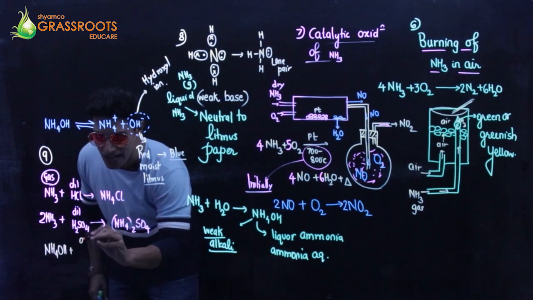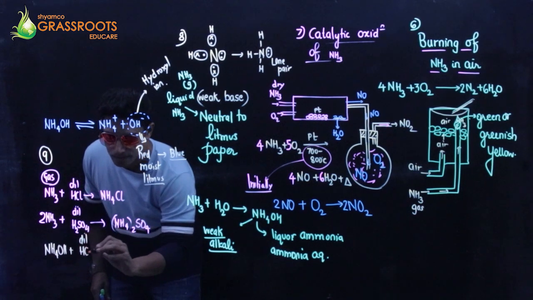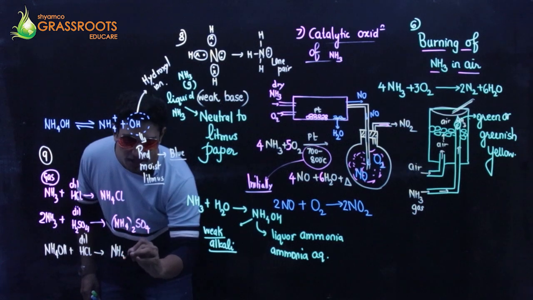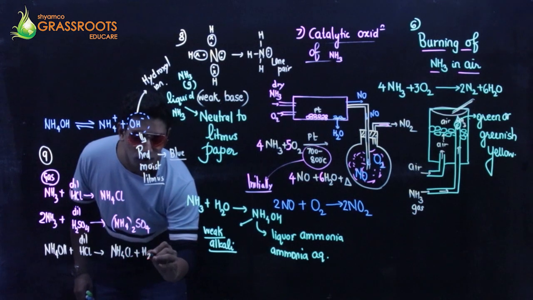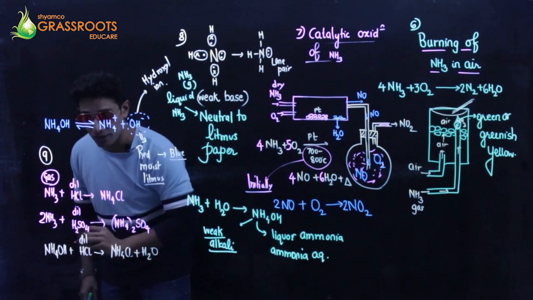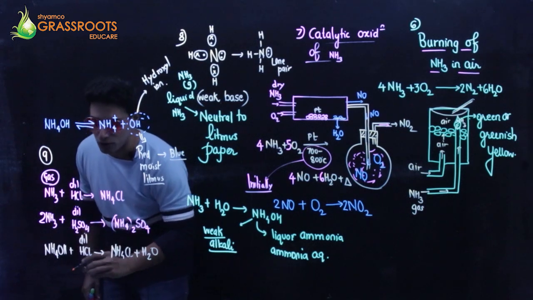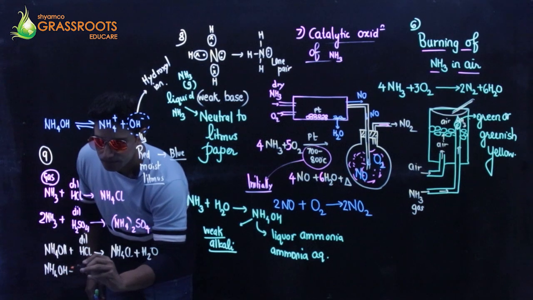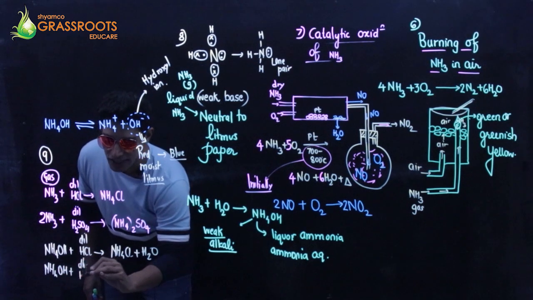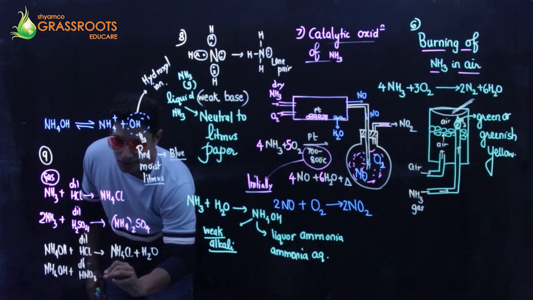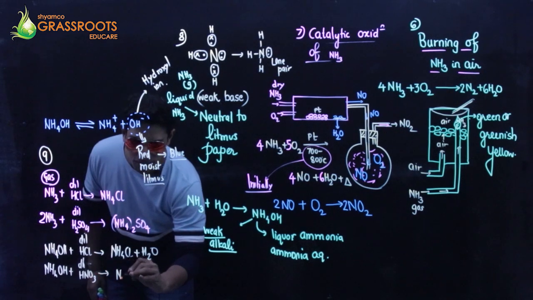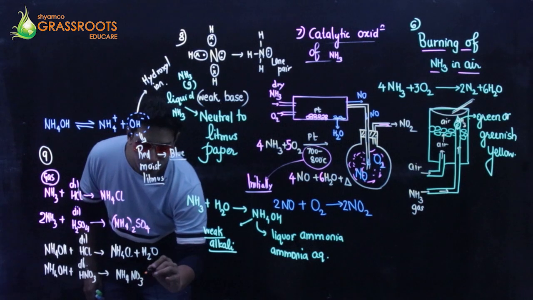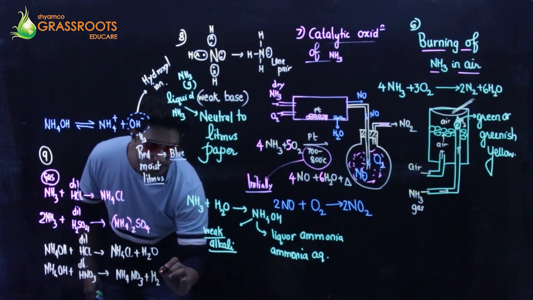If it reacts with a dilute acid, of course it forms the same salt, NH4Cl, but it forms water also. Now if you balance it, it is balanced. And another last reaction, NH4OH plus let's take dilute HNO3, nitric acid. Again it forms a salt, ammonium nitrate, NH4NO3 plus water.